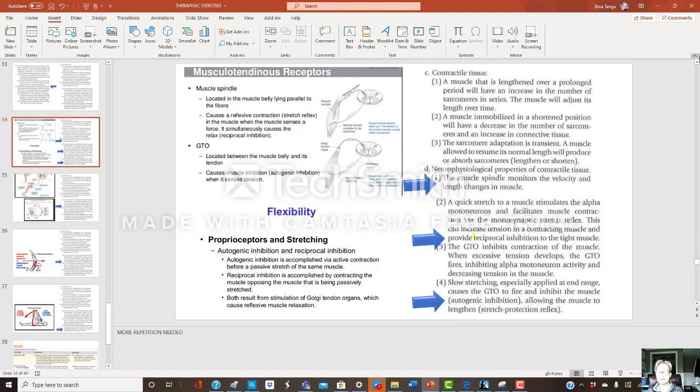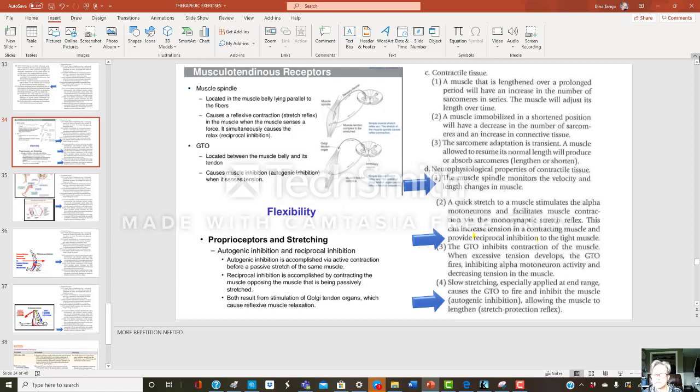The muscle spindle monitors the velocity and length changes in the muscle. What is the muscle spindle? It's located in the muscle belly, lying parallel to the fibers. It causes a reflexive contraction, a stretch reflex in the muscle when the muscle senses a force. It simultaneously causes the relaxation, the reciprocal inhibition.